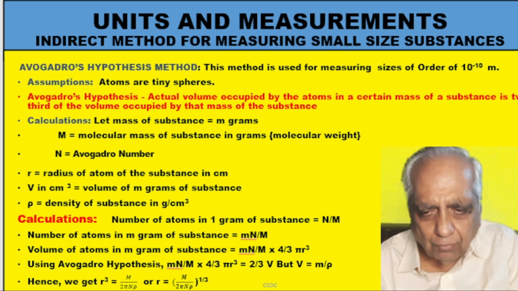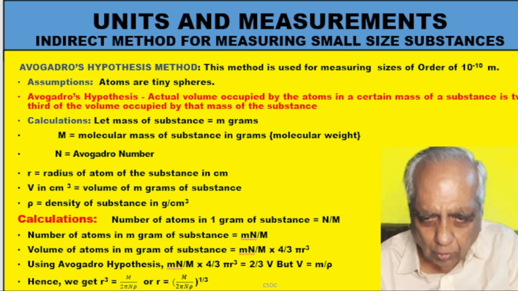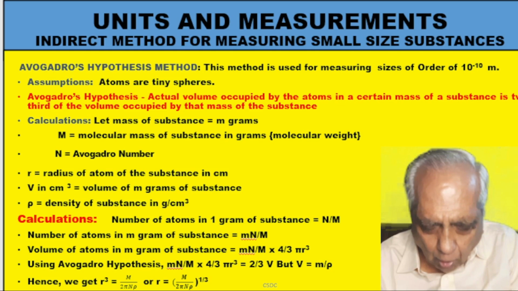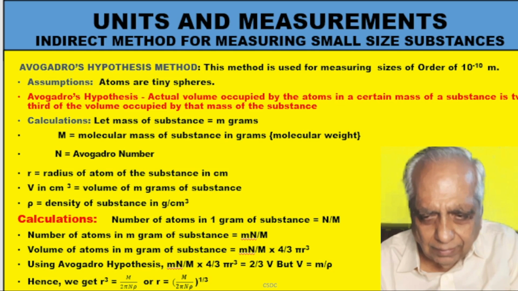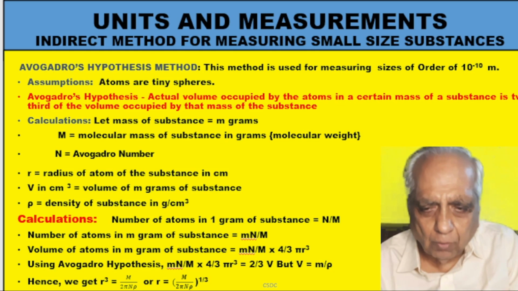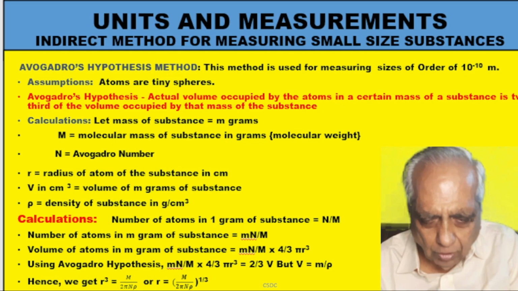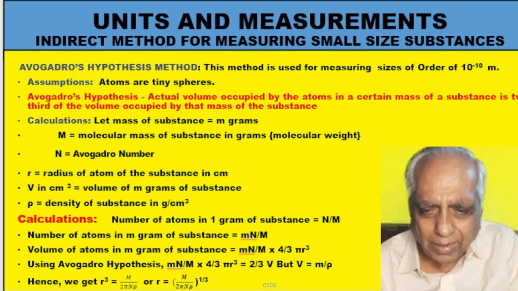That 10 cc of water contains a large number of atoms. Each atom is occupying some volume. The total volume of molecules is 2/3 of the total volume of water, because as we know, substances are porous. Porous means there is a gap between two atoms.